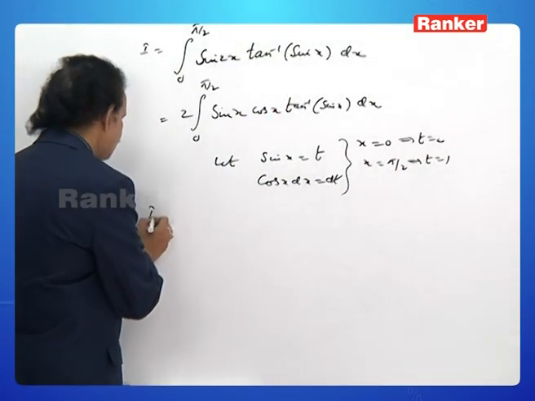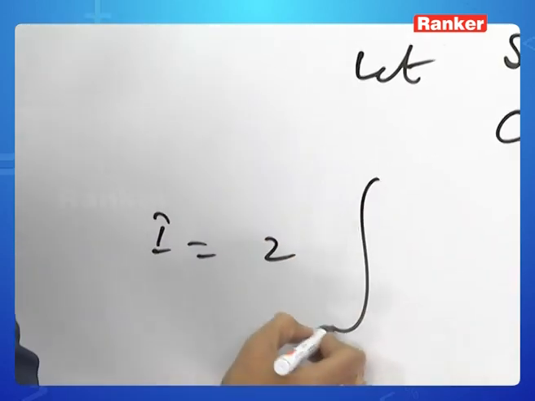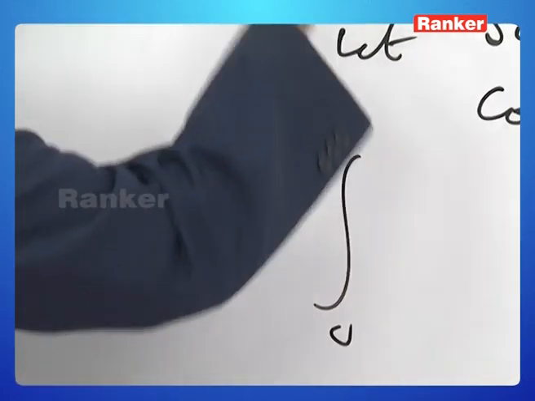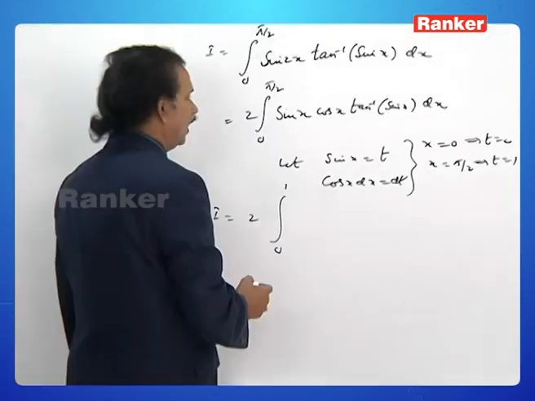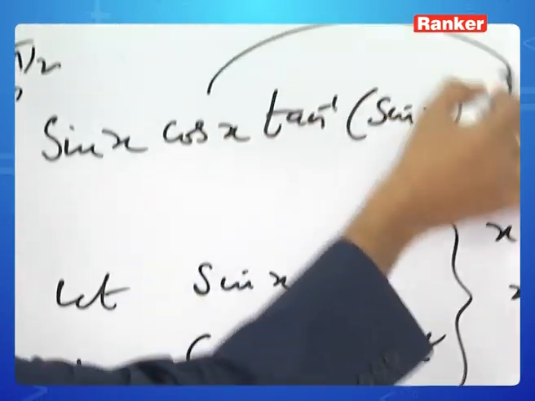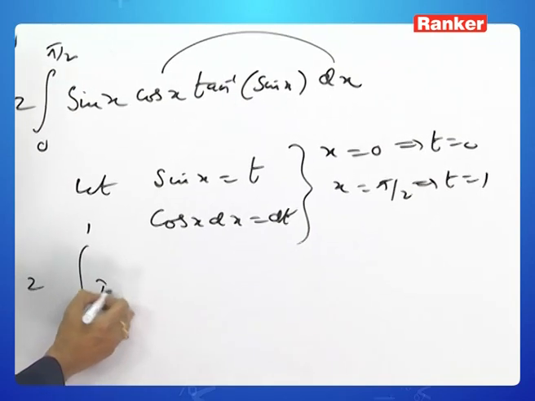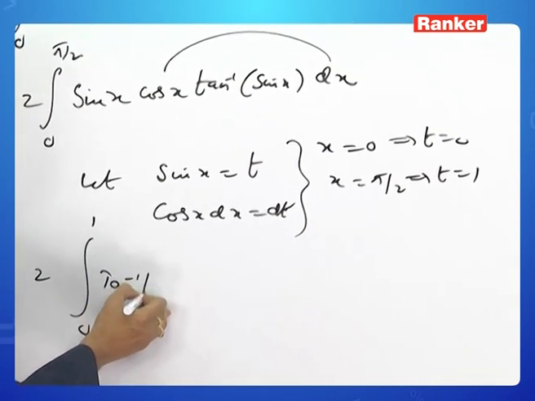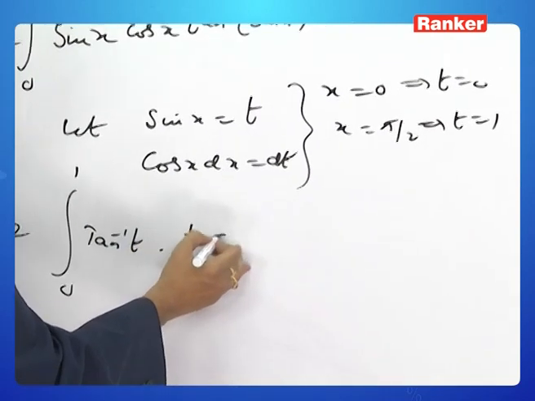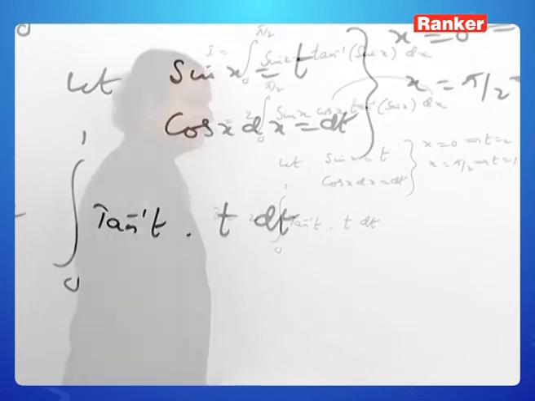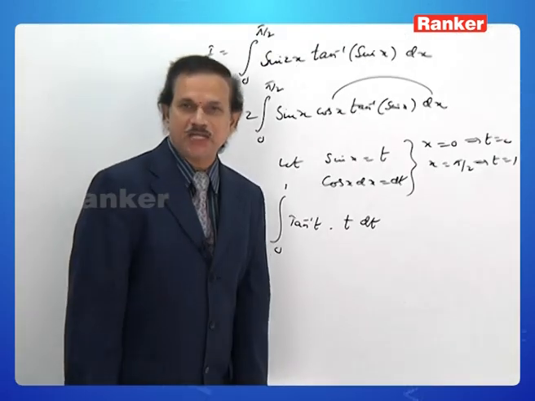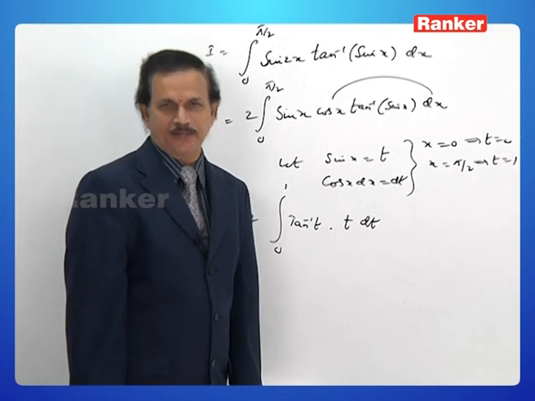Hence, I is equal to 2 into integral 0 to 1, cos x dx is nothing but dt, tan inverse t into t dt.